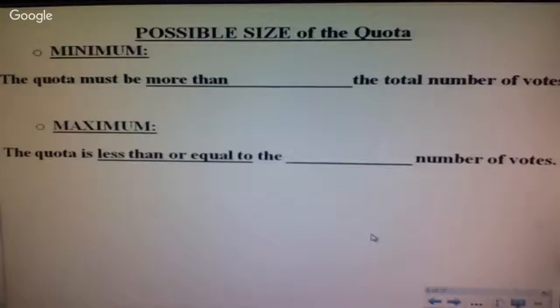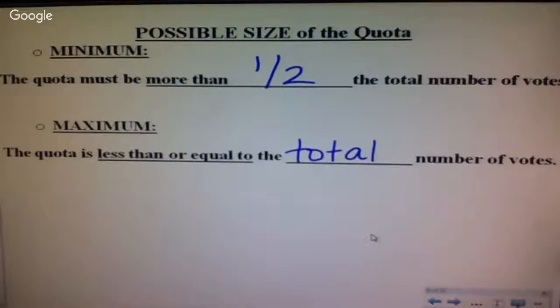Okay, so your quota can never be smaller than what they call the minimum. The quota must be more than half, or 50%, of your total number of votes. It can never ever go any smaller than that. Your quota also has a maximum value. Your quota can never ever be higher than the total number of votes that you have.